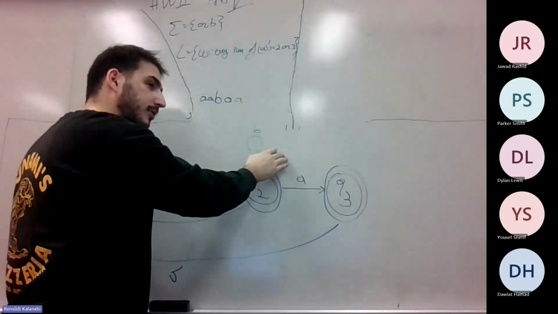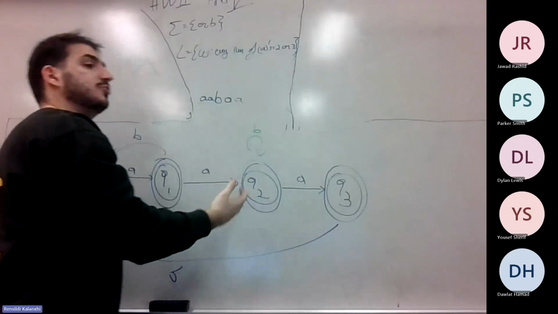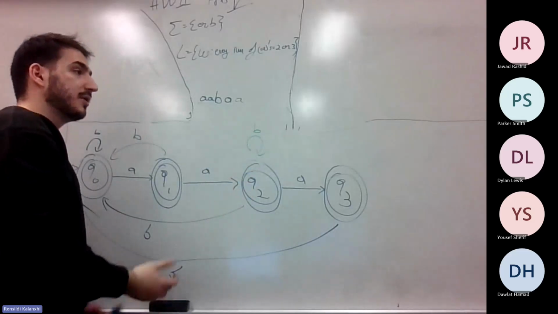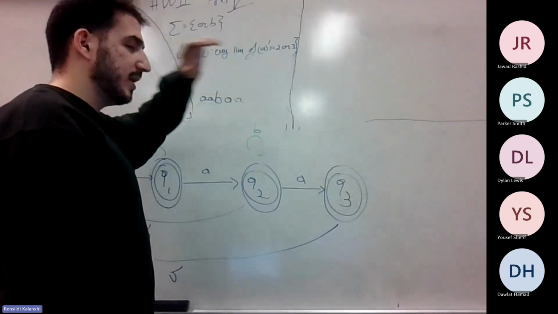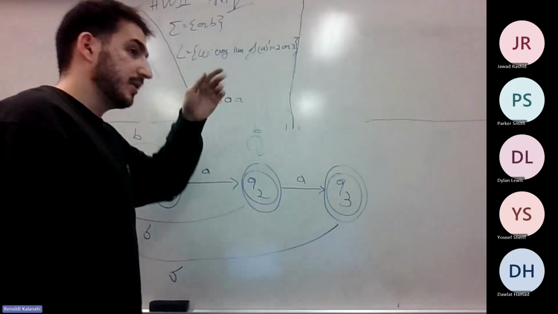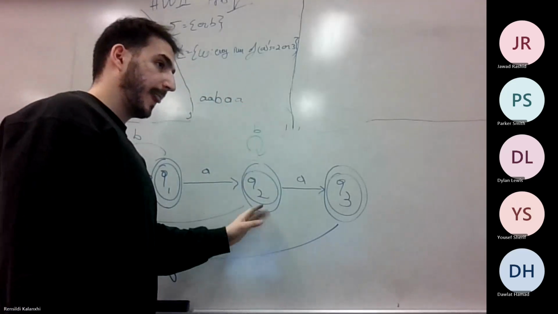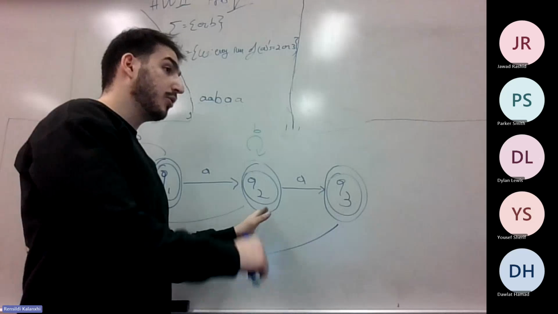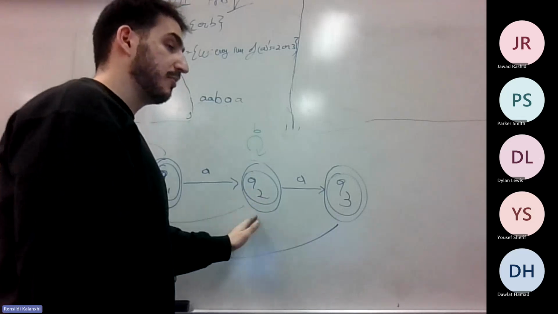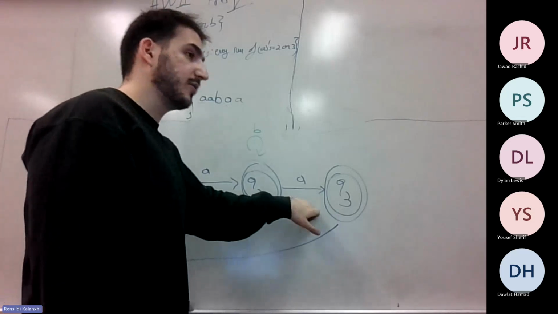When you're making the loop, you're making the option to choose B's, right? So now there are going to be many combinations, but you're going to have a combination that is going to break this run. And we don't want any combination in this machine that will break our run for 2 A's or 3 A's.